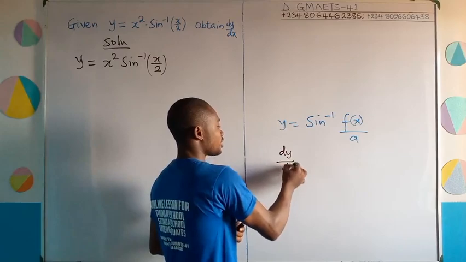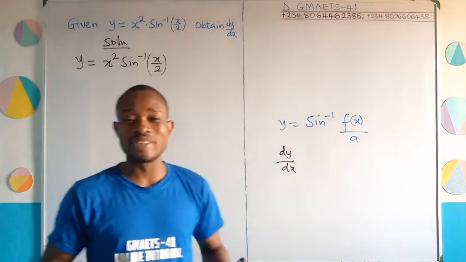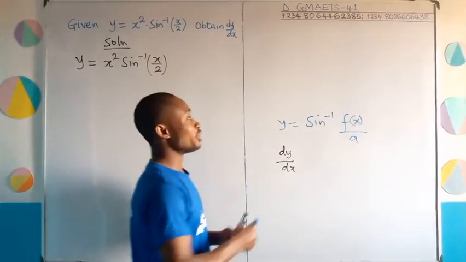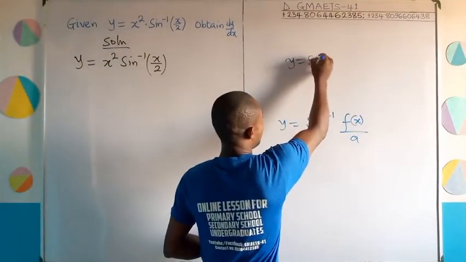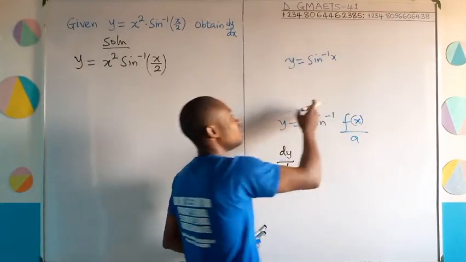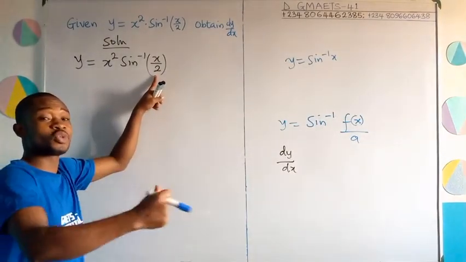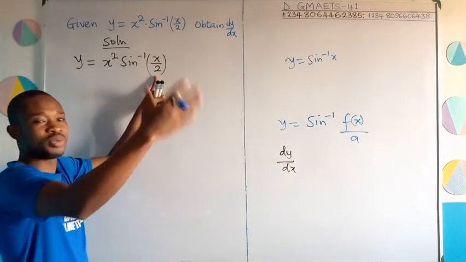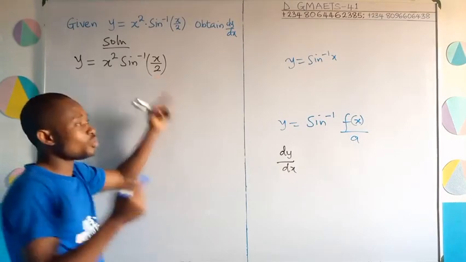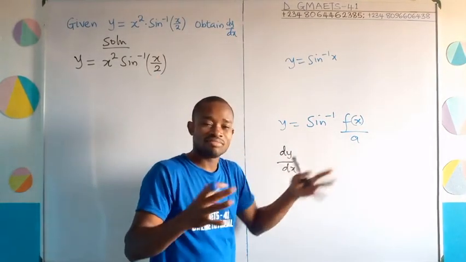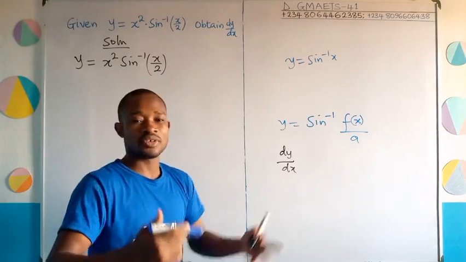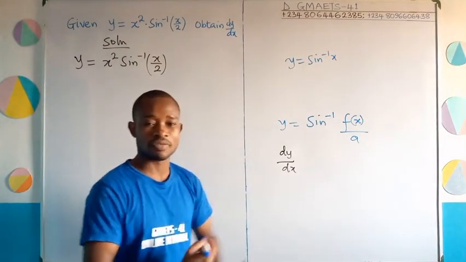Normally, when we are dealing with standard derivatives, most times what we see is y equal to sine inverse of x. This cannot solve a question like this, except you rely on the chain rule, saying let u be equal to something. But with this standard, you can avoid the issue of using the full chain rule to solve the problem.